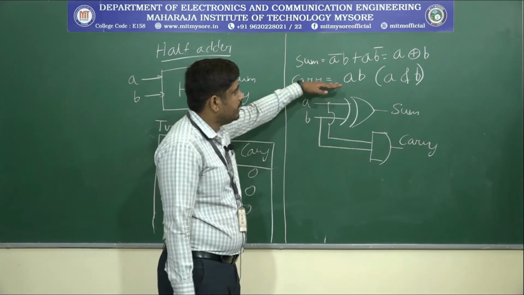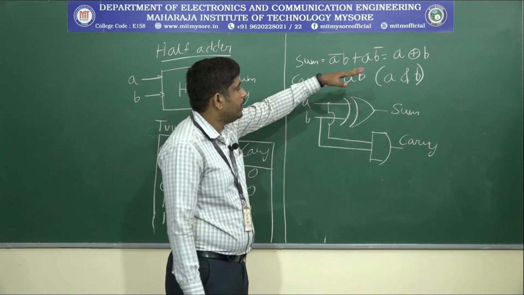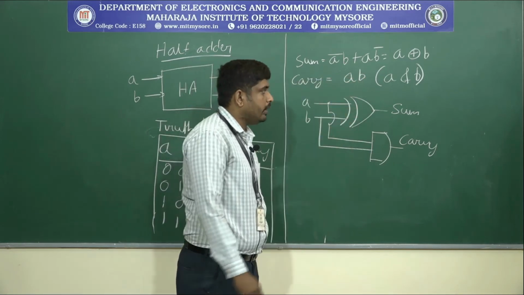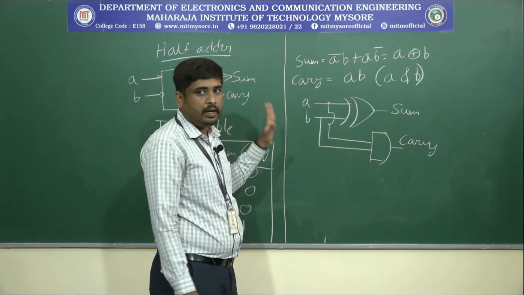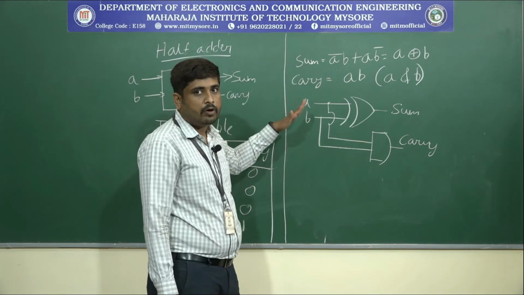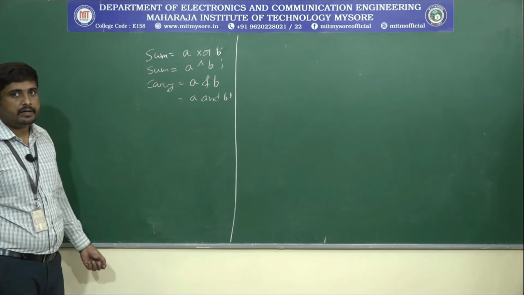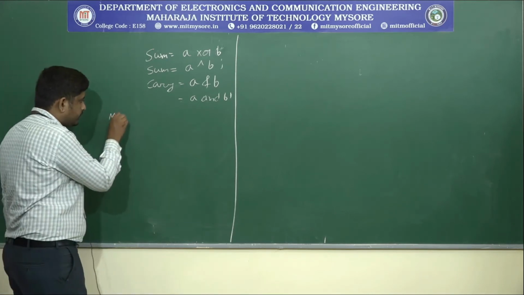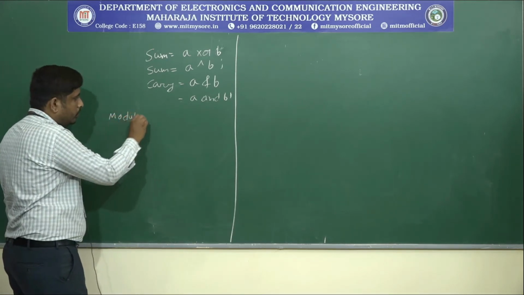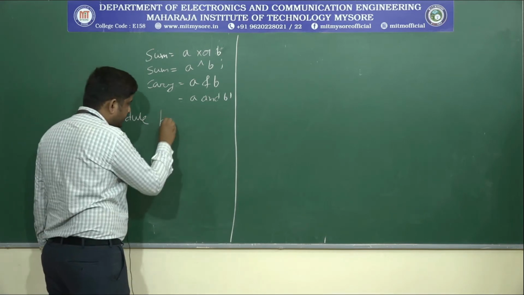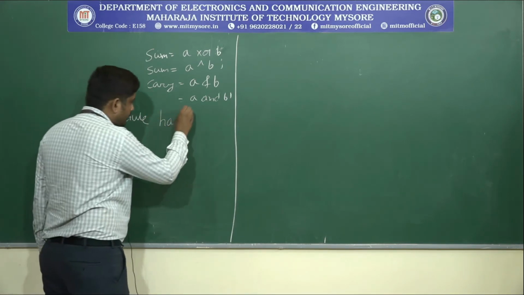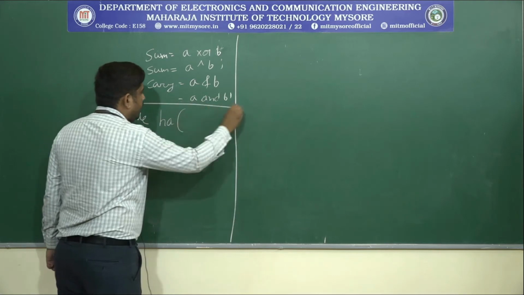Based on these equations, sum is equal to A XOR B and carry is equal to A and B, we have to write the code, that is the design block as well as the stimulus block. Code always starts with module. For the name of the module, simply write HA. Inside the module you have to mention the terminals.